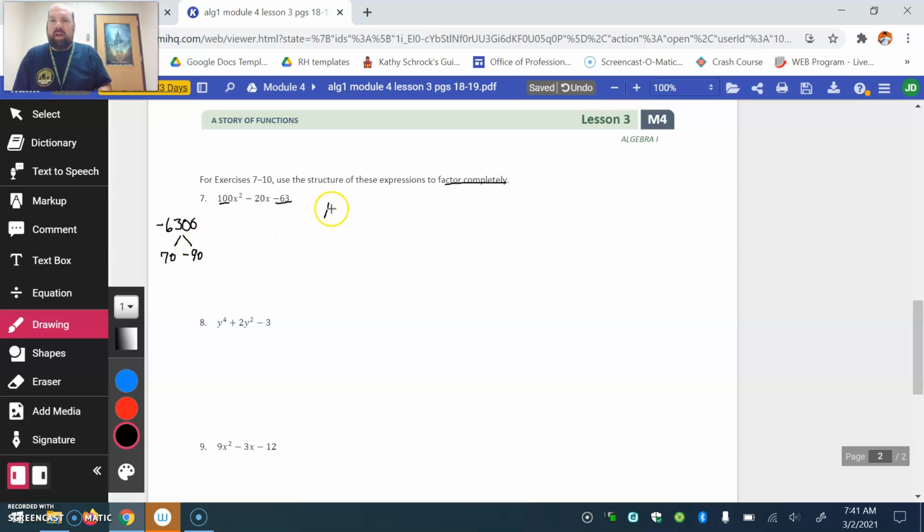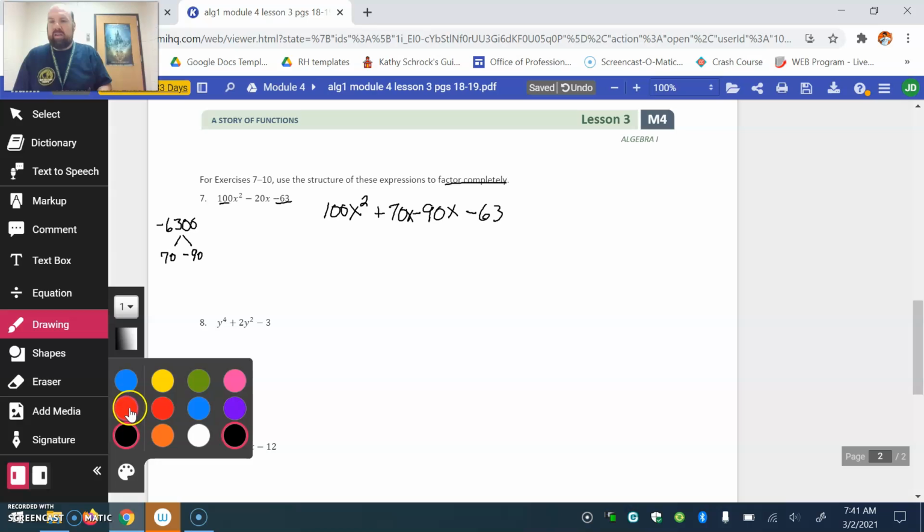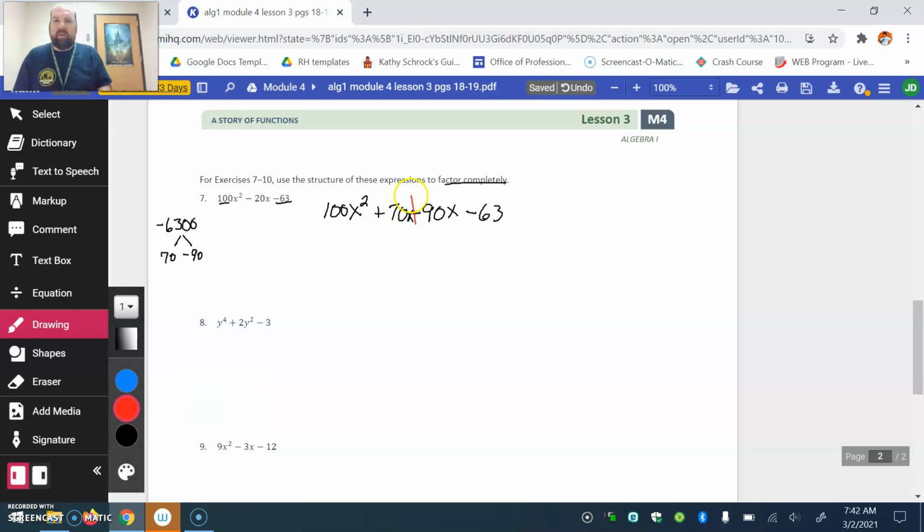So I'm going to have 100x squared. Just because the numbers are big doesn't mean that this is really a bad problem. It's actually not a bad problem at all. Oops, positive 70x minus 90x minus 63. Okay, so now that I've set it up for you, see if you can finish it from here.